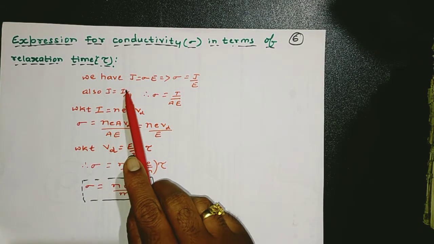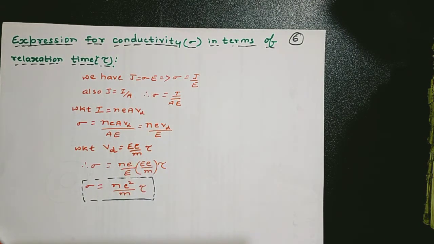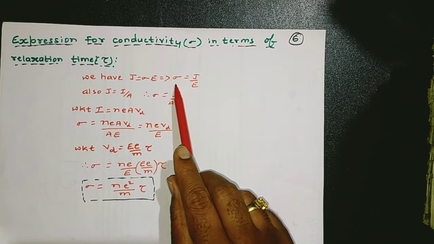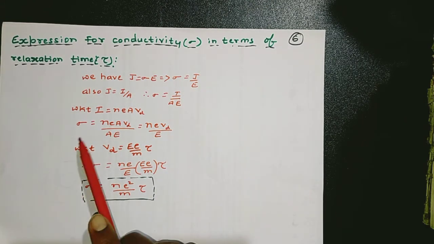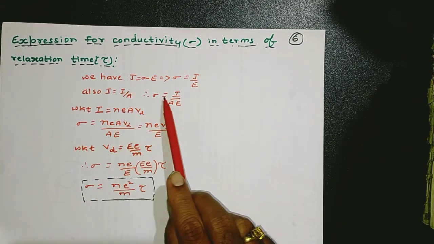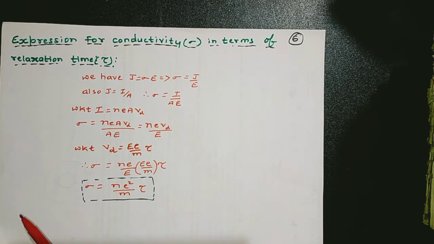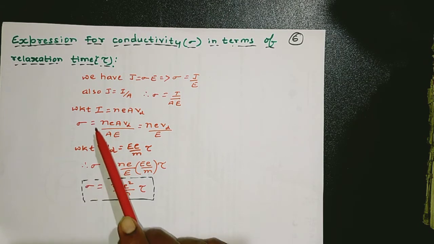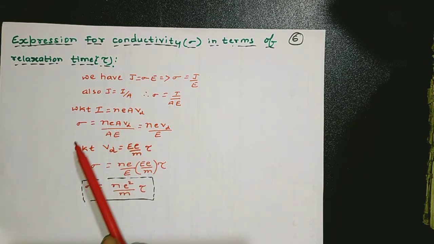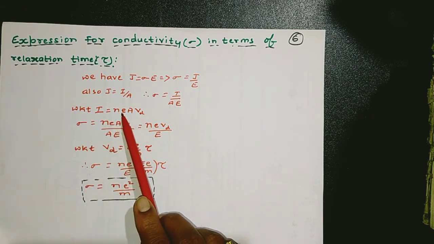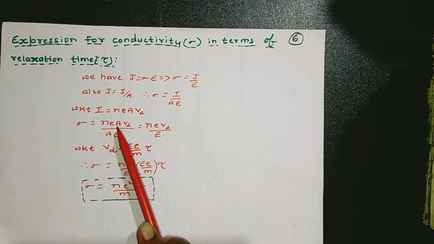Just now we have derived J is sigma into E, or sigma is J by E. You know that J is I by A, so sigma may be written as I by A into E. Also we had derived the relation for current in terms of drift velocity as I is N E A Vd. What is N? Number of electrons per unit volume of a conductor.